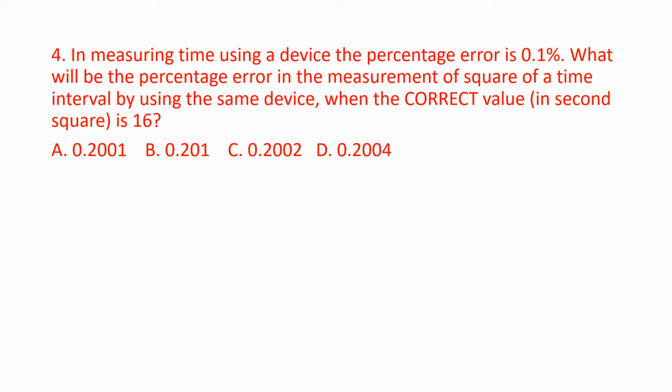Until here we are clear, but the measurement is not just finding the time, it is finding the square of the time interval. So on the whole, in the entire process, what will be the percentage error? We need to find that.